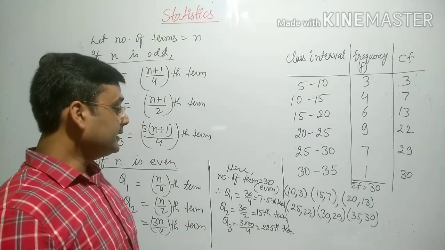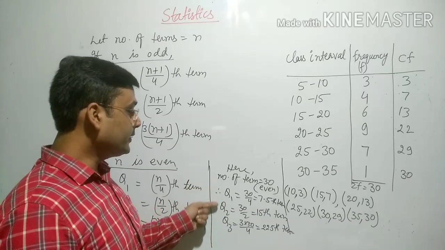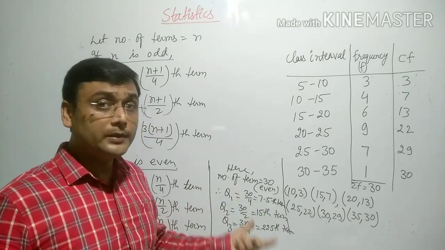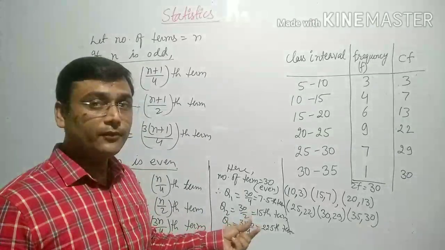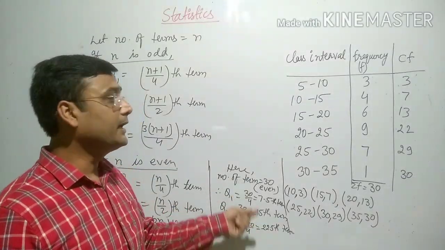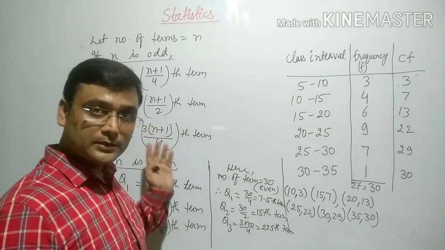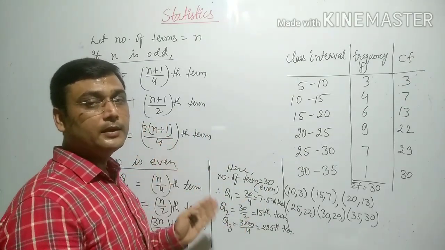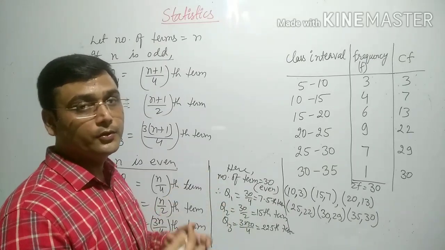Okay, so we have seen how we find the Q1, Q2, Q3 th terms. Then the exact value we will find with the help of the ogive.